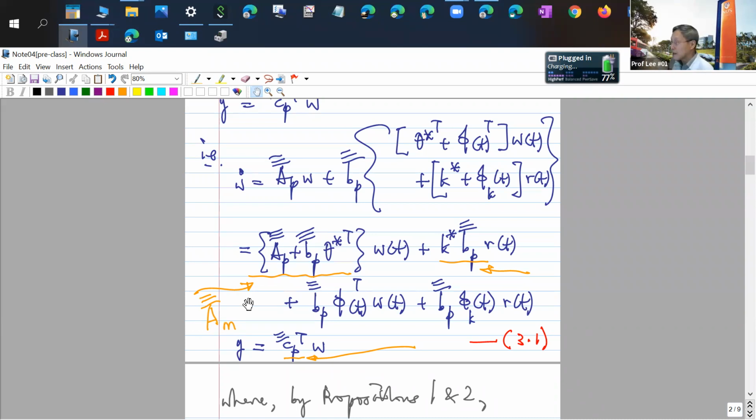It will be AM triple bar. Then similarly, with the perfect numbers, K star operating on BP triple bar will be BM triple bar, and this one will be CM triple bar transpose. This is just to remind myself that once I have the perfect control gains and put them in, I should now have the reference system that I wanted, but in a 2n order non-minimal realization.